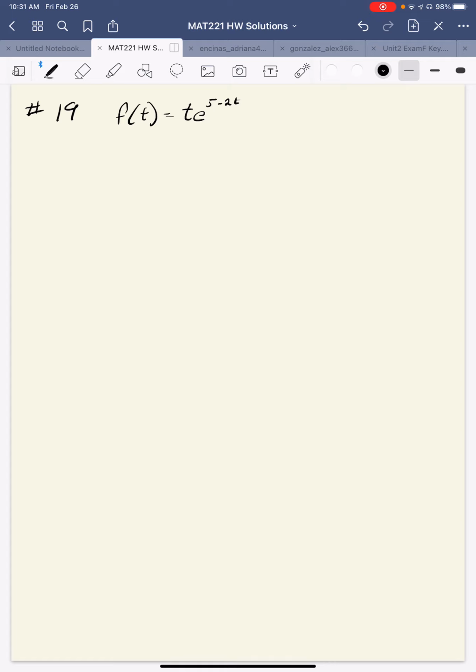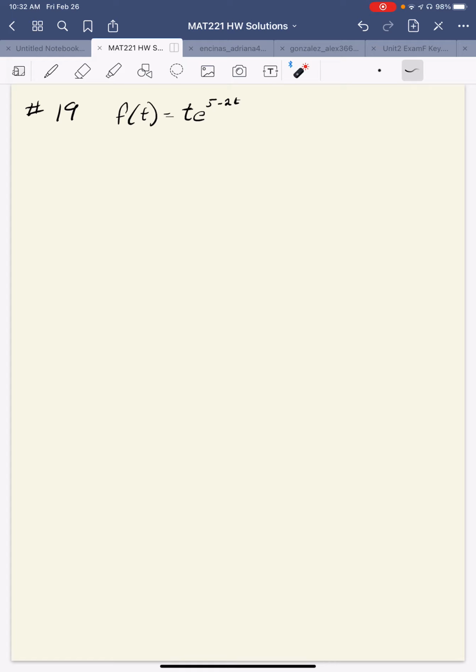Okay, so notice it's t times something else that has that t in there. So I see I have essentially here two functions being multiplied together. I have t and I have e to an exponent that has a t in it.